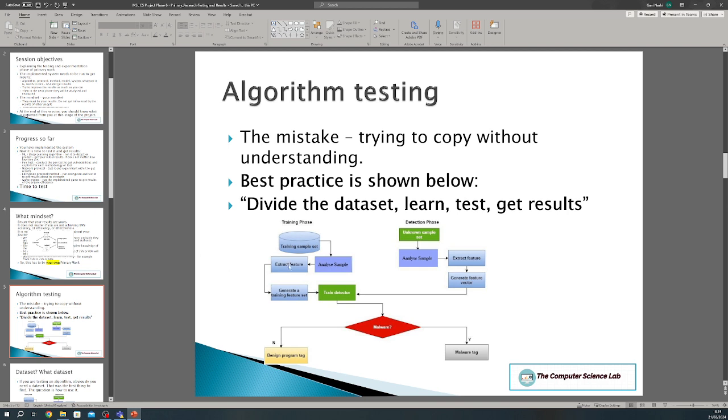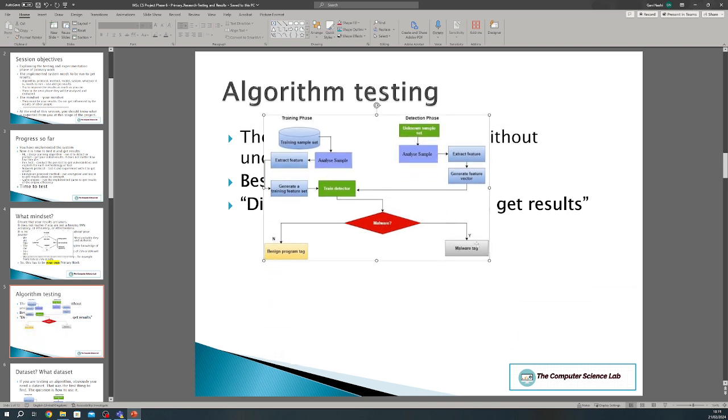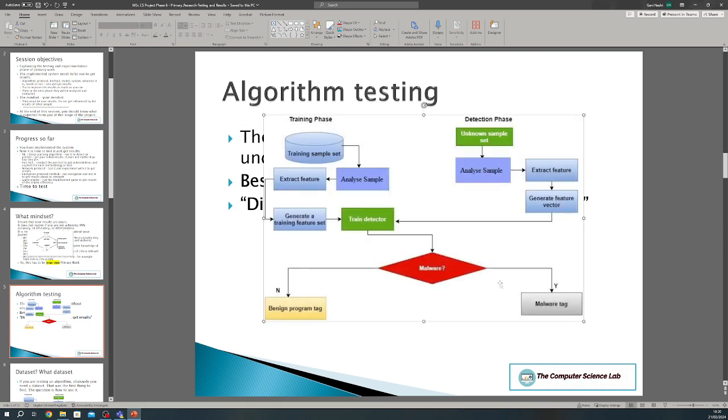So in this case, here in this diagram, we are showing an implementation of a project that is about malware detection. So then you run the training phase. The training phase may achieve excellent results. And then you have the testing phase, the detection phase, that puts the malware tag as it will be in real life.